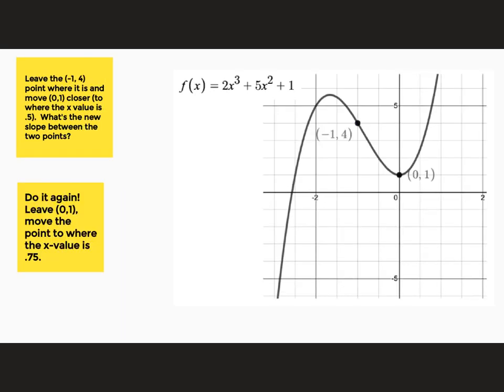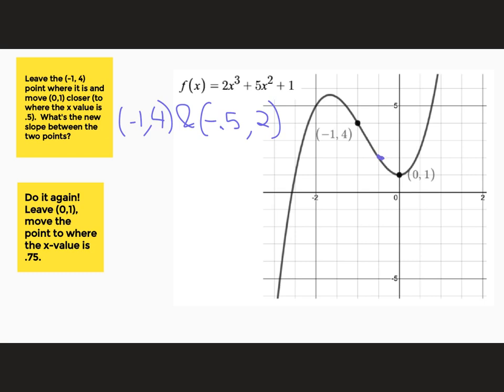All right, so now it says leave negative 1, 4 where it is, move 0, 1 closer. What's the new slope between the 2 points? So we're going to have the point negative 1, 4. And we're also going to have negative 0.5, comma. And when you go through, you get 2, which I could have just picked off the curve there.